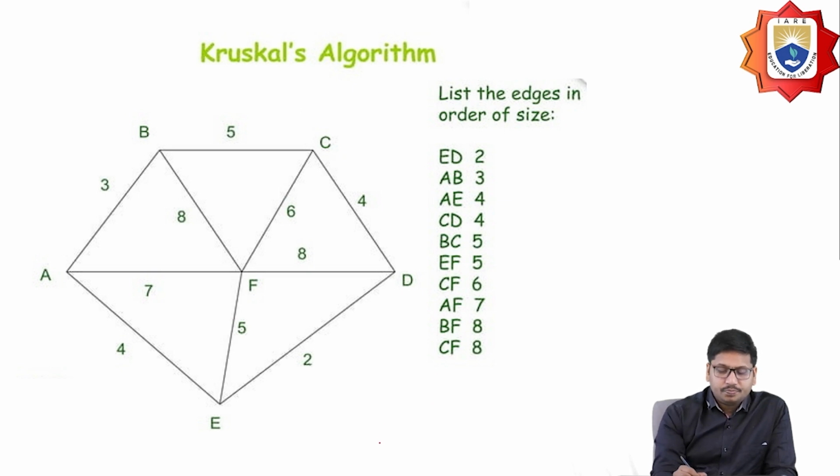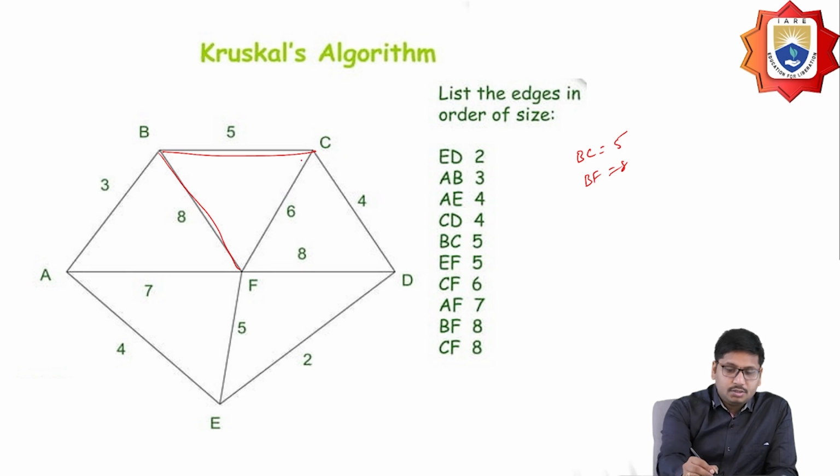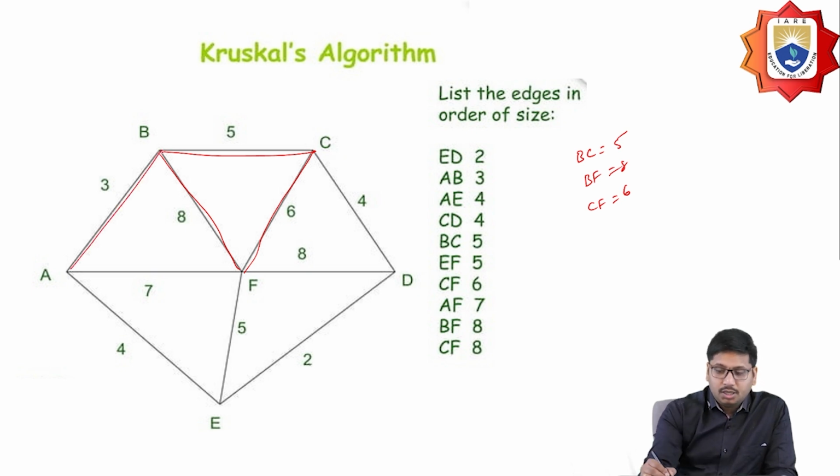In this one, BC equal to 5, EF is equal to 8, and CF equal to 6. Then AB, and then AE, and AF.